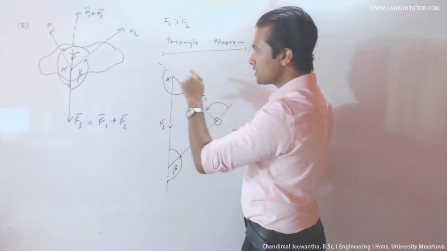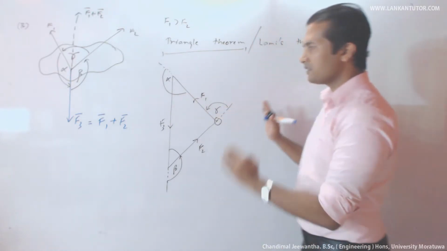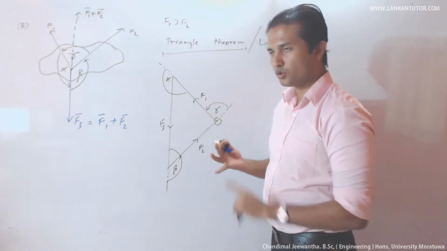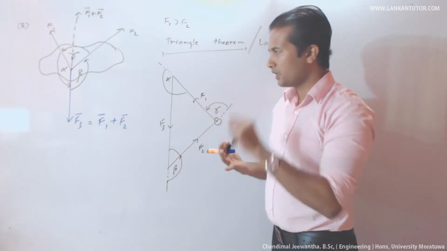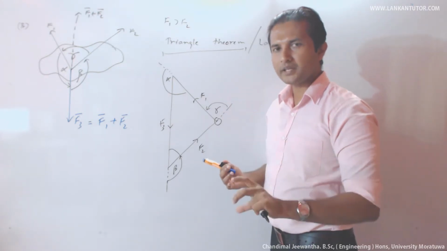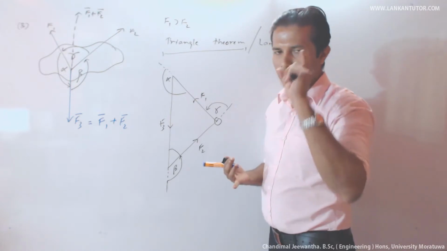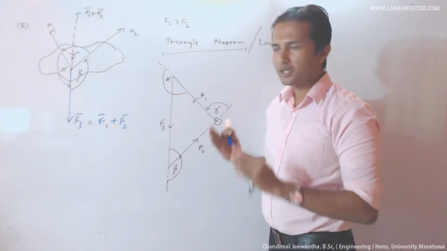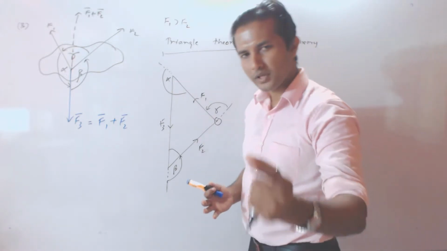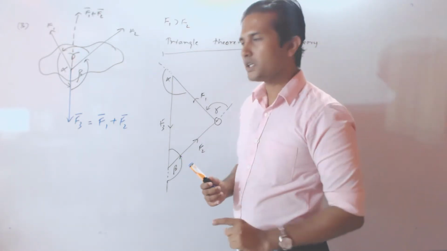This represents gamma. This is the way of marking gamma. So our conclusion is, since the triangle is completed, we can conclude there is no resultant given by these three forces, which means we can conclude the object is in equilibrium.